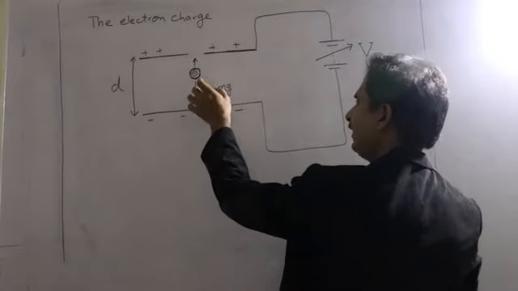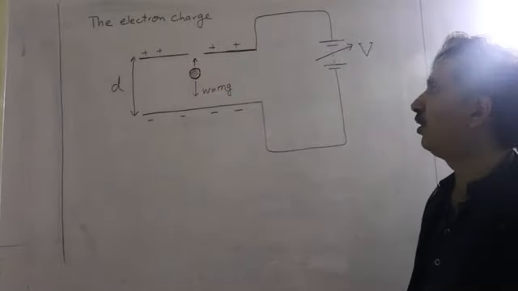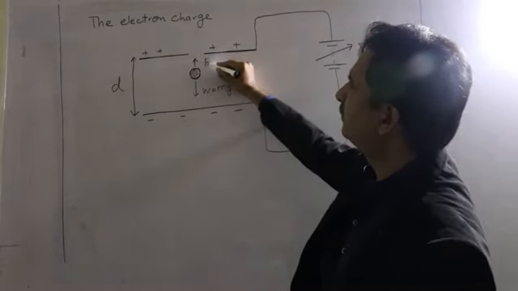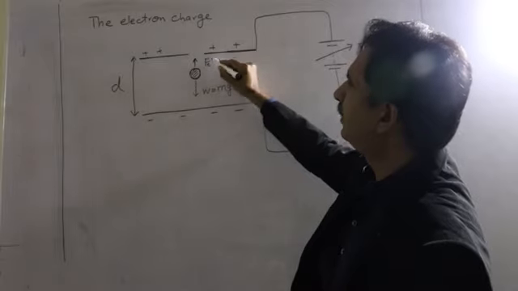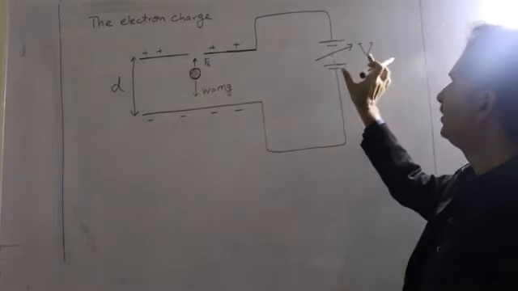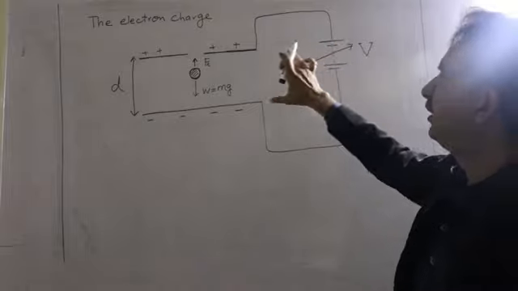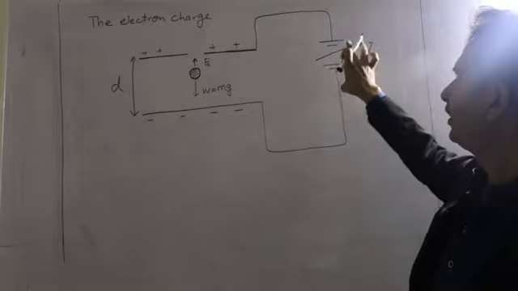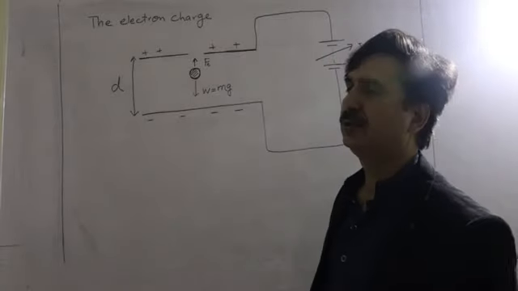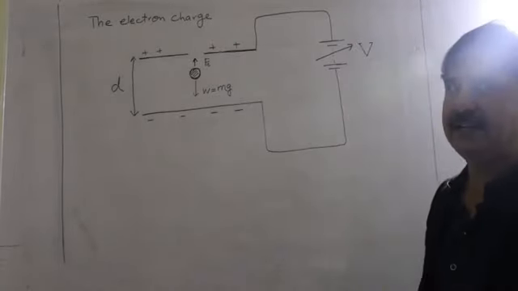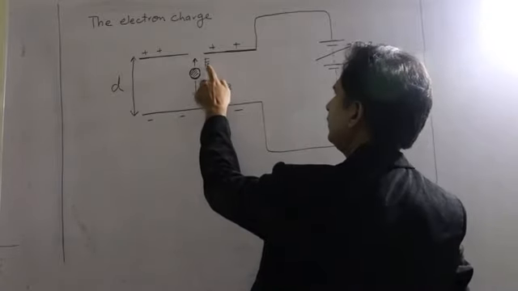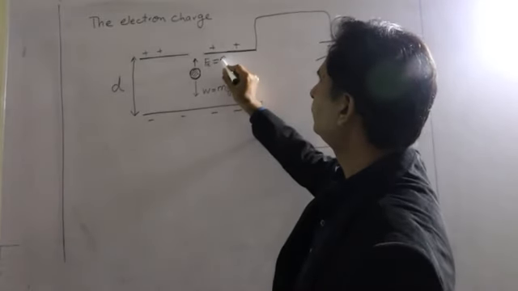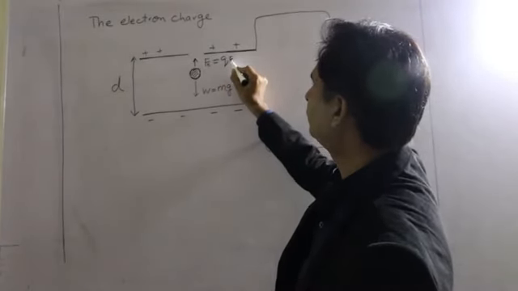You can't change the weight of the particle, but you can change the electrical force Fe by changing the potential difference across the plates. When you change the voltage, you change the electric field strength, and so you can change F equal to QE.